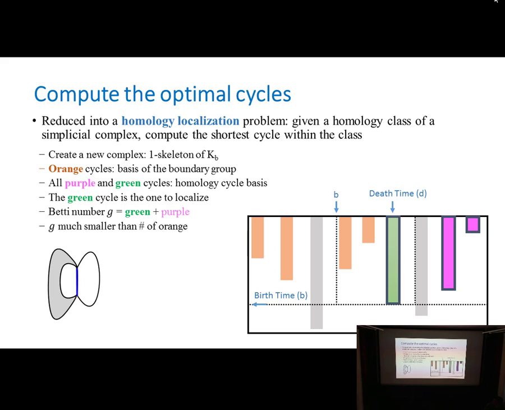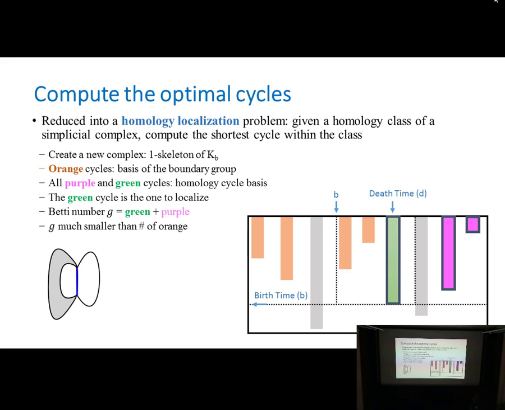Okay, so what we do is, if you can establish a certain simplicial complex, and you fix a particular homology class, 1D, and then you want to find the shortest representative cycle of that particular class. How do you do it? Right? So there are a lot of algorithms, and quite many settings are very hard to compute. But there are settings that are doable.